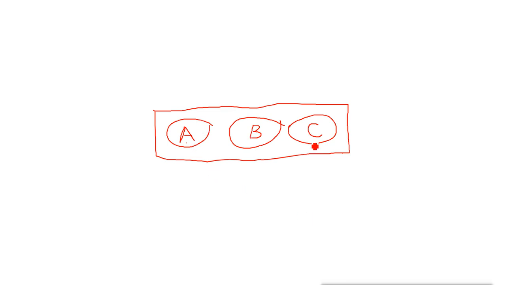So in VLAN A I have one subnet, another subnet in VLAN B, and another subnet in VLAN C. These different subnets will never communicate. Even if I connect them into the same VLAN, they will not communicate.